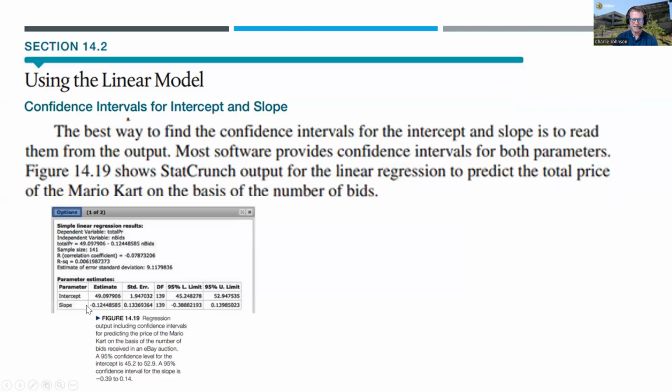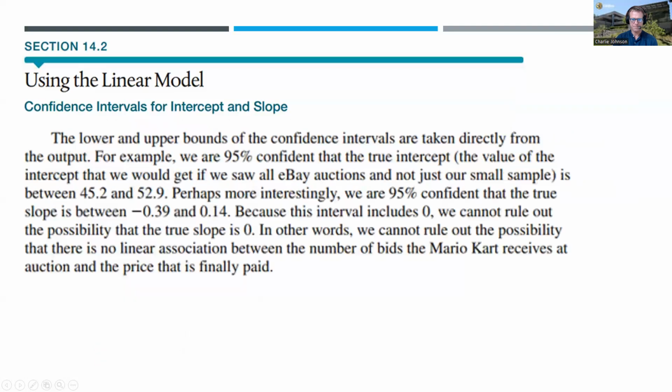So we see that the intercept has a lower limit of 45.2 and an upper limit of 52.9. The slope, negative 0.39 and 0.14. The lower and upper bounds of the confidence intervals are taken directly from the output.